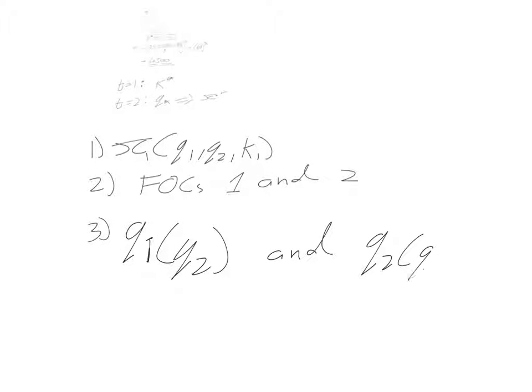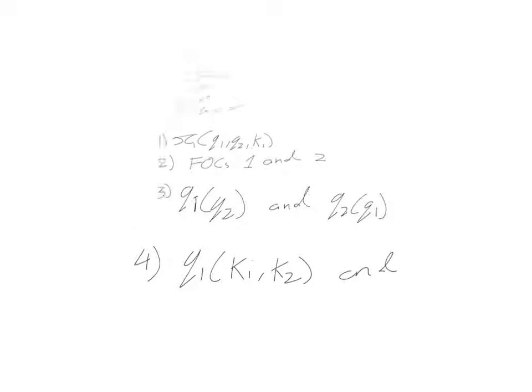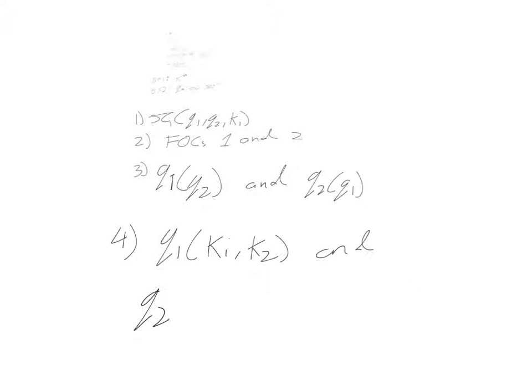So you get the first order conditions for firm 1 and firm 2, and you want to get Q1 as a function of Q2, and so on. Once you have that, you can get Q1, K2, and Q2 as a function of K1, K2.